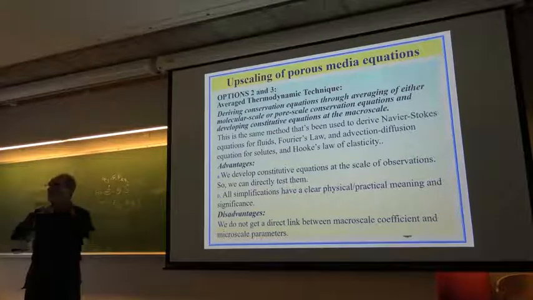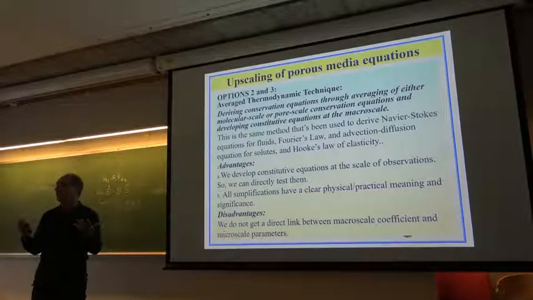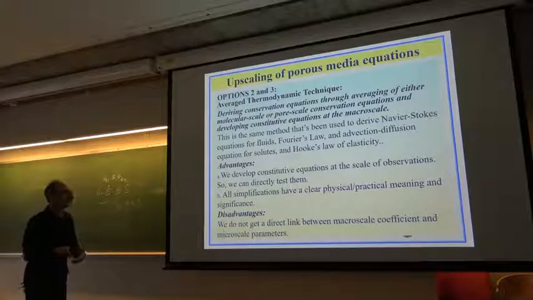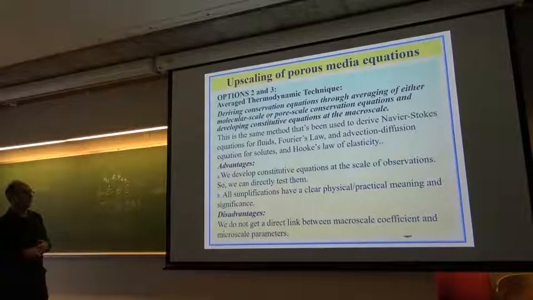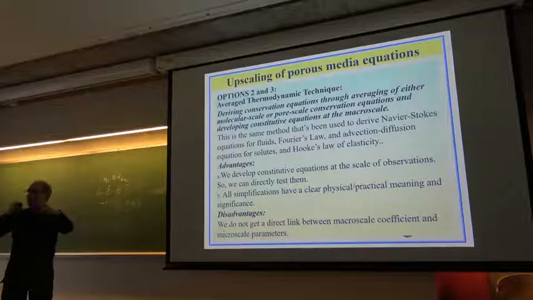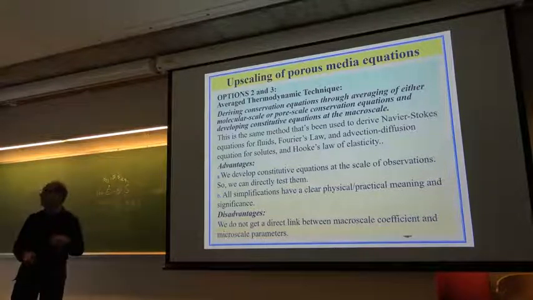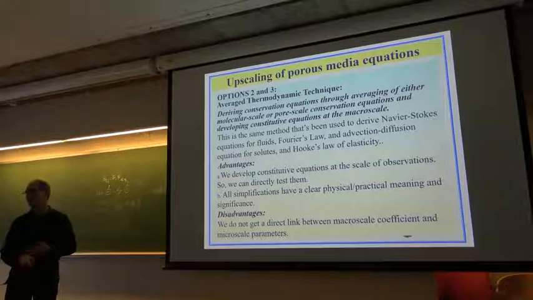So I make observations at the macro scale, at the Darcy scale, and then use those observations to develop constitutive equations. Then all simplifications have a clear physical meaning, so I don't have to make appropriate assumptions and throw away terms, not knowing what they are. And the disadvantage is we don't get a direct link between macro scale coefficients and micro scale parameters.